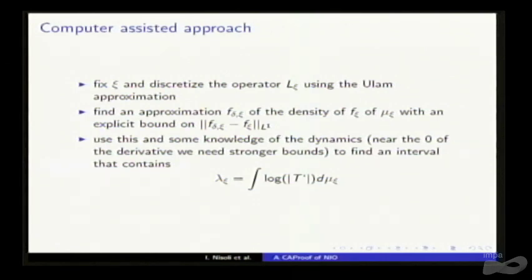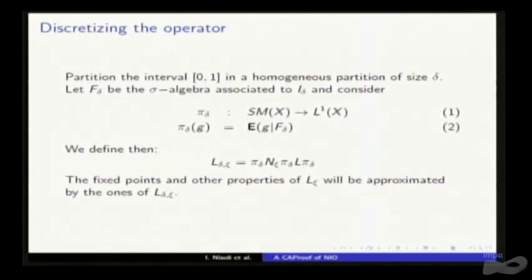Using this and some more knowledge of the regularity of this stationary measure, we can compute these Lyapunov exponents. The most important thing is to speak about what the Ulam approximation is. The Ulam approximation is a really natural way of approximating dynamical systems, and it is the following.